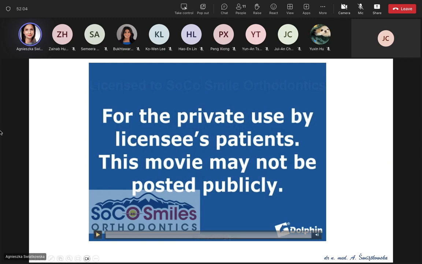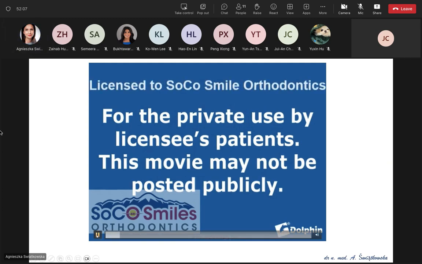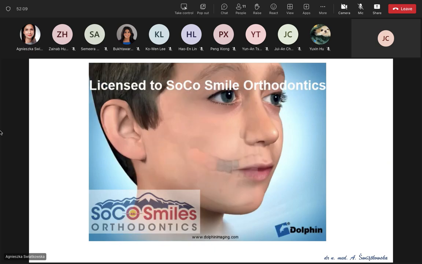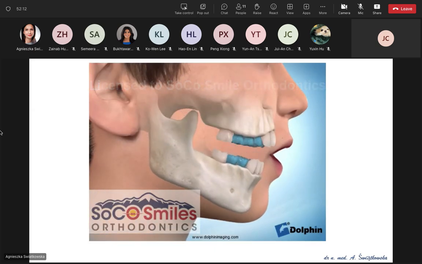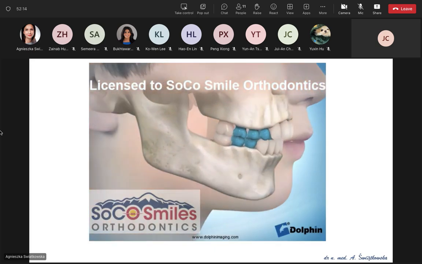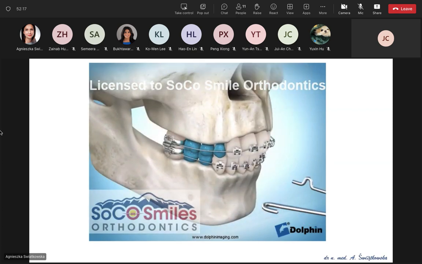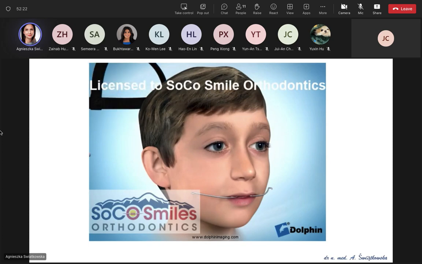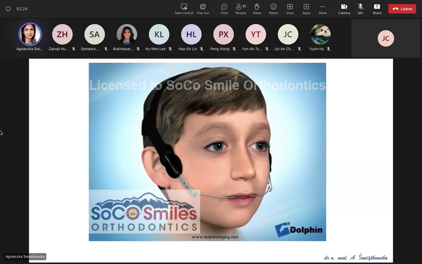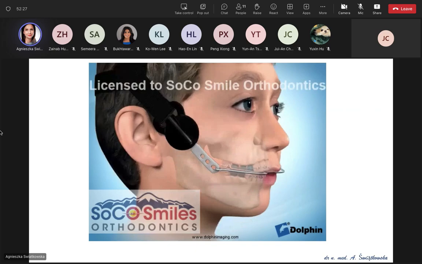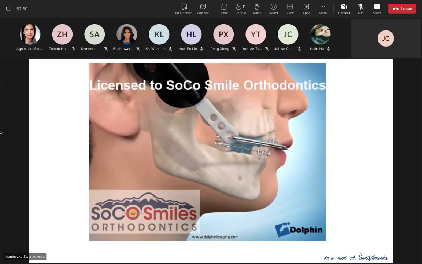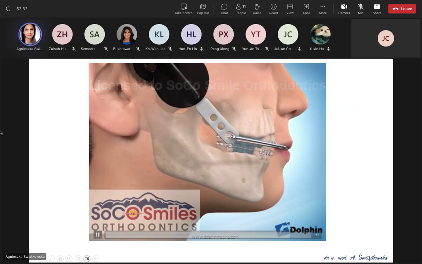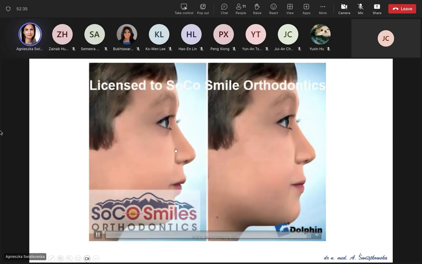Okay, and how do these appliances work? Here is a fixed appliance, but also the bands have a special kind of tube for headgear. And look how it works. You see, it pushes and distalizes the molars and closes the space in the anterior region.